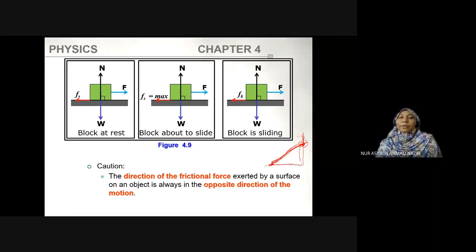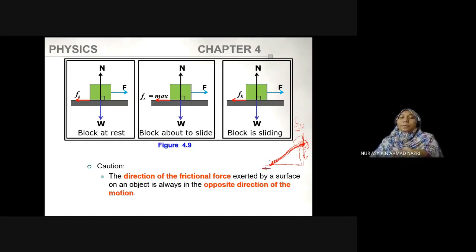So mesti ada friction kat sini, which is static friction lah. Dia menyebabkan kita tak ada gerak. So kalau kita tak ada gerak, static friction tu kena tinggi lah. So which direction? Kita kena assume kalau possible untuk tangga ni jatuh, dia akan jatuh arah mana? Yang ni dia akan arah ke bawah, dan then dia akan arah ke sini.